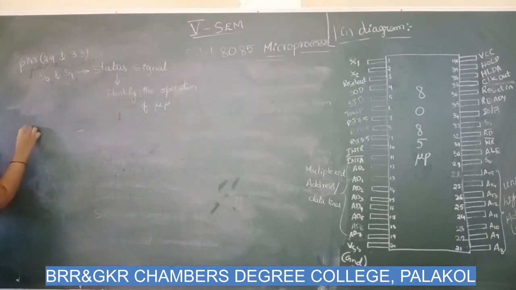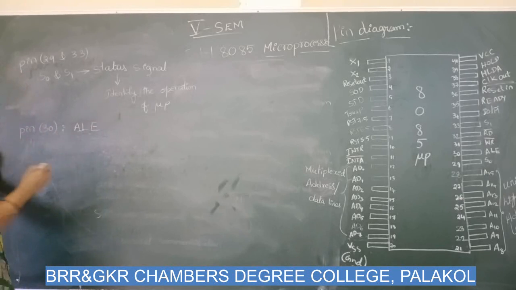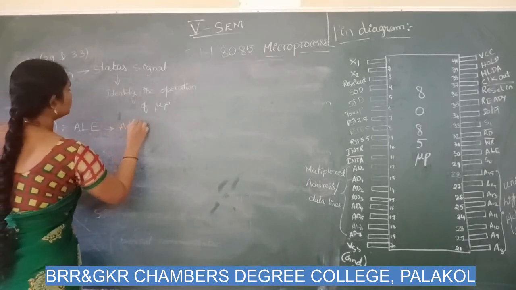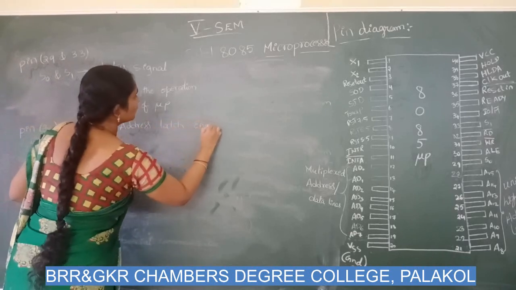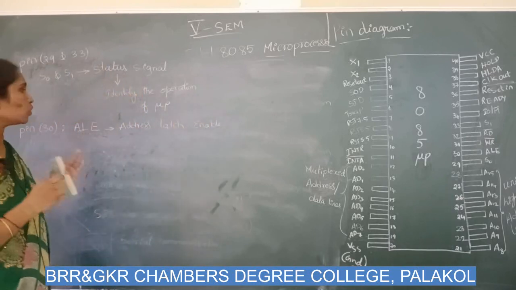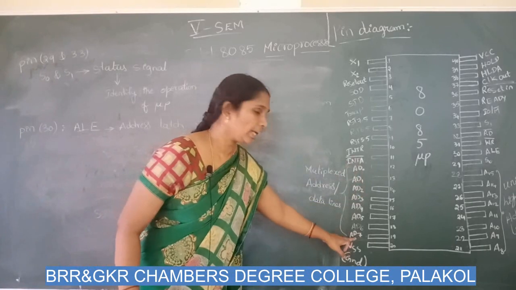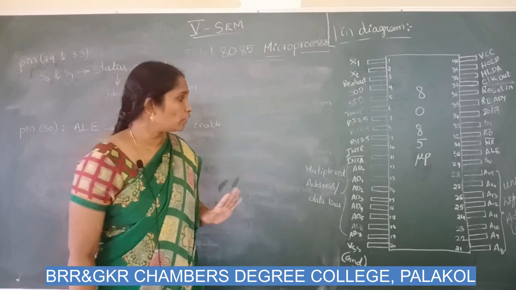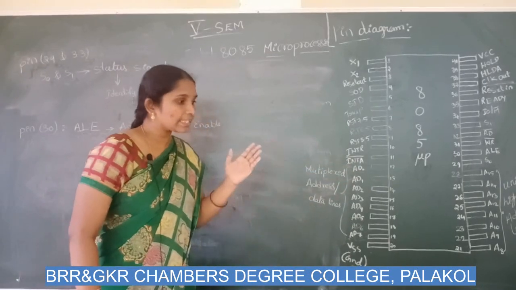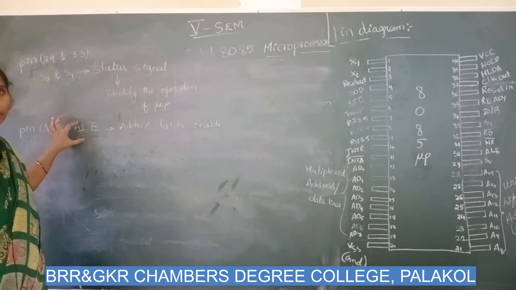And the next pin is ALE. Pin number 30 is ALE, which is address latch enable. The main use of ALE is that AD0 to AD7 are the multiplexed address and data lines, so we have to separate the address and data. For that we use a latch, called ALE.